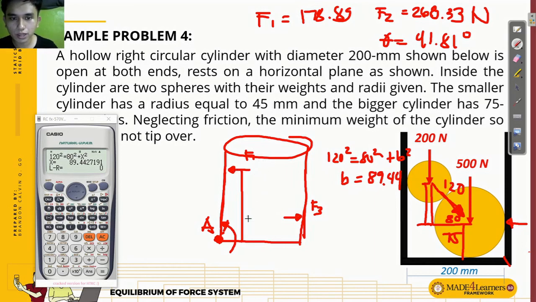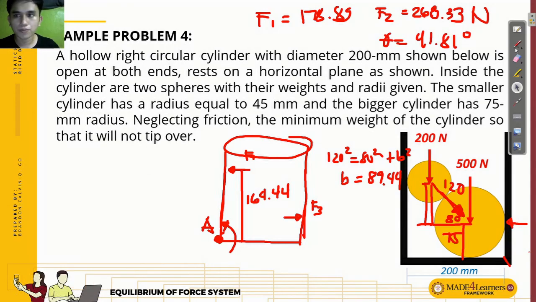So, F1, and then we have moment arm. In distance, we have b plus 75. So, we have 89.44 plus 75. Okay, so yung moment arm, that's equal to 164.44.